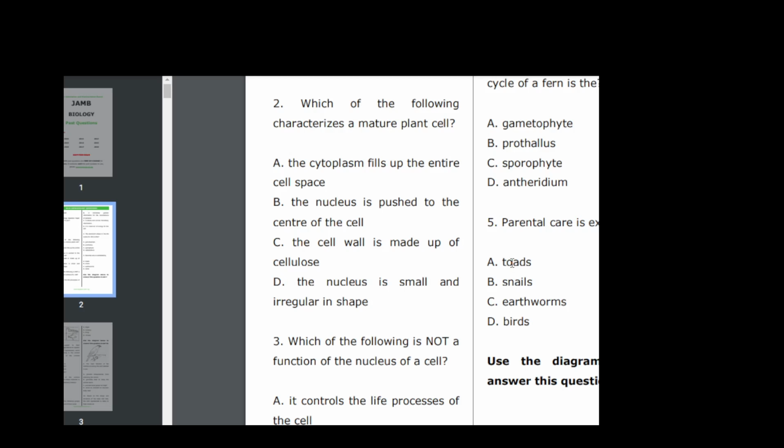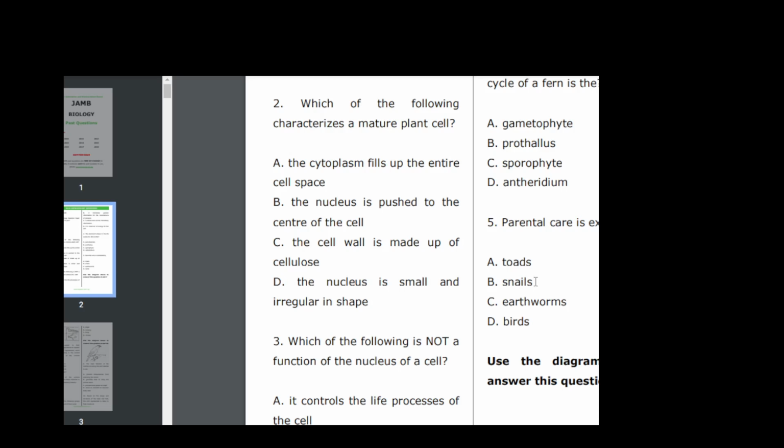We know that toads are amphibians, but the moment they lay their eggs and their eggs hatch into tadpoles and the tadpoles swim off, there is really no parental care that the tadpoles benefit from the mother toad. Something similar to that is what we experience in the snails.